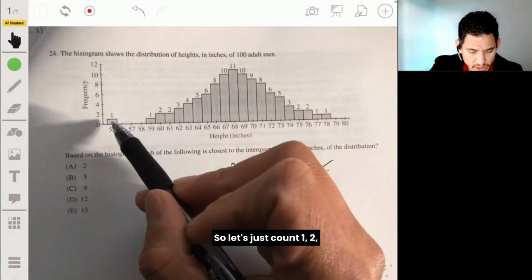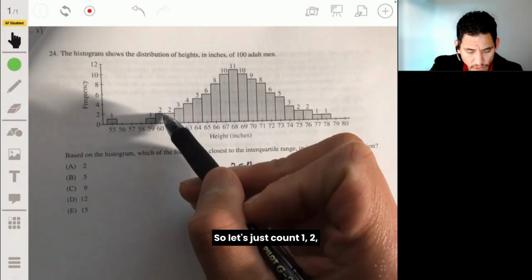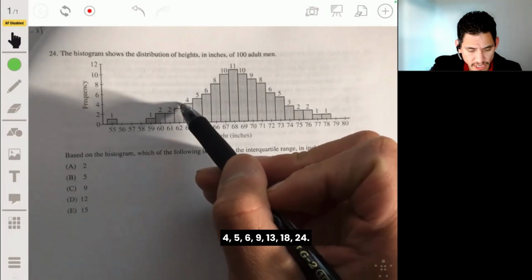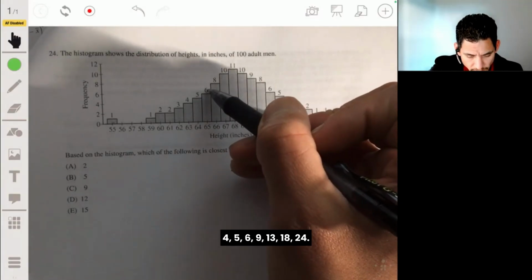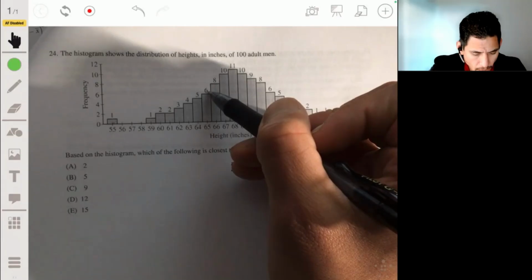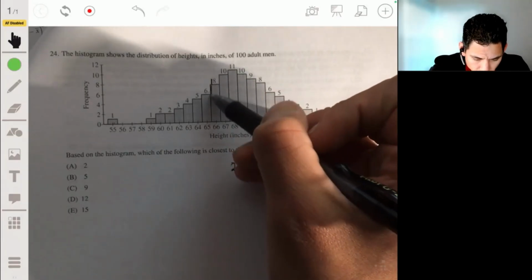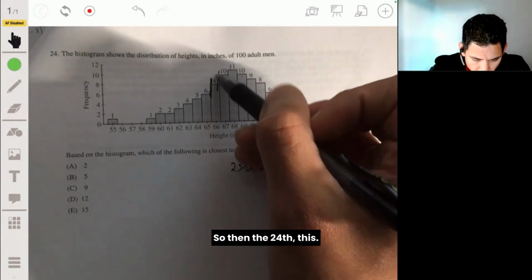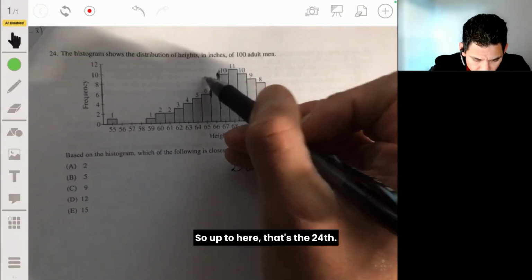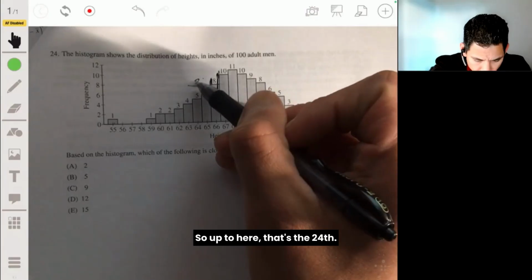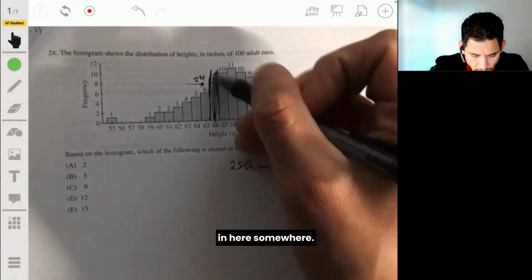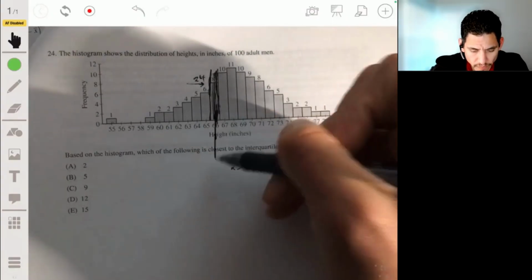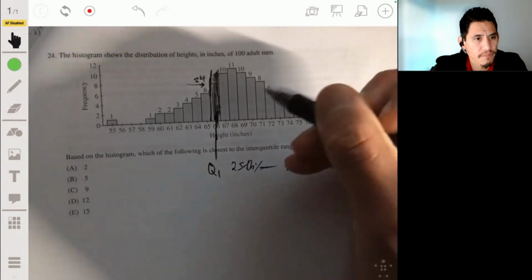So let's just count. 1, 2, 4, 5, 6, 9, 13, 18, 24. So up to here, that's the 24th. So the 25th guy lies in here somewhere. Q1 would be in there somewhere.